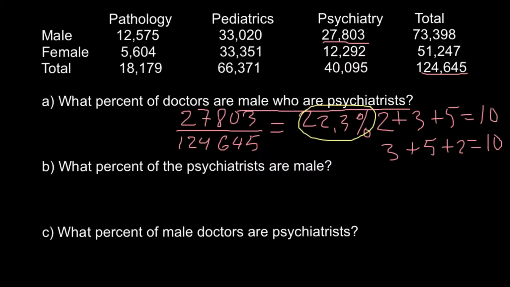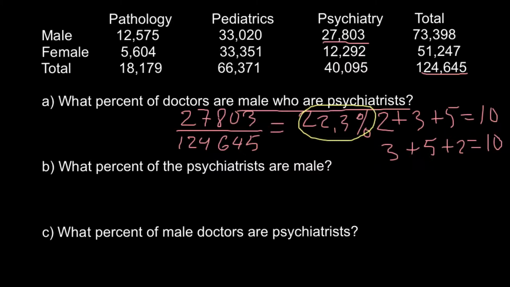Whenever we have to find a portion, we always have to divide the smallest number by the greatest number. Because if we do vice versa, we are going to get an answer greater than 1.